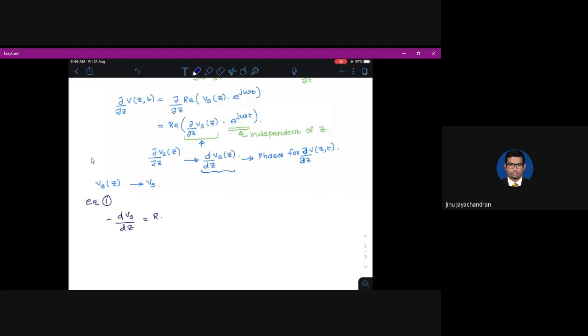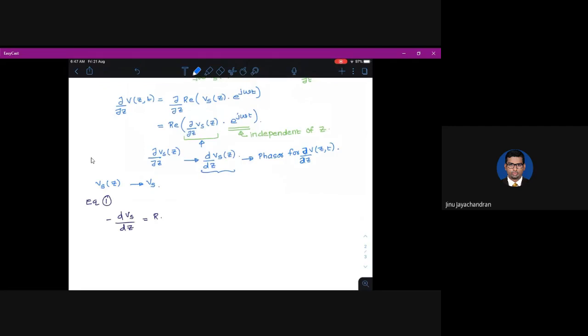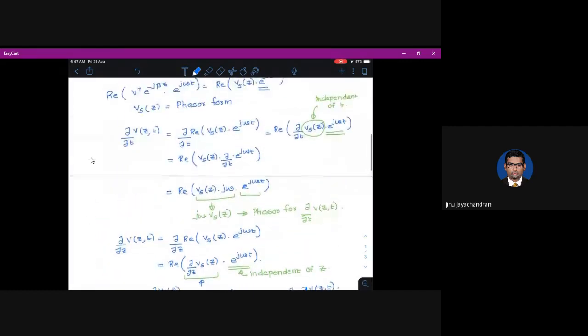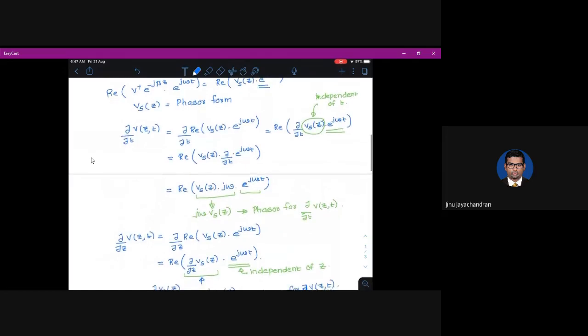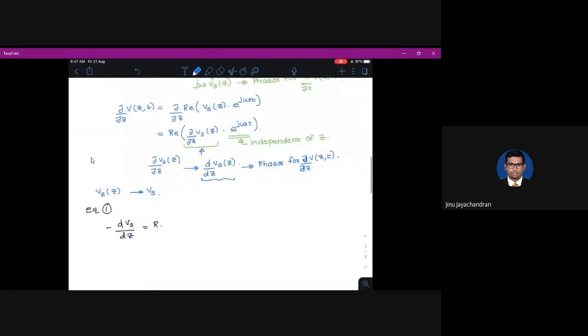Now I of z comma t is of the same form as v of z comma t. So all these derivations that we have done on phasors are applicable in the same way for I of z comma t as for v of z comma t.